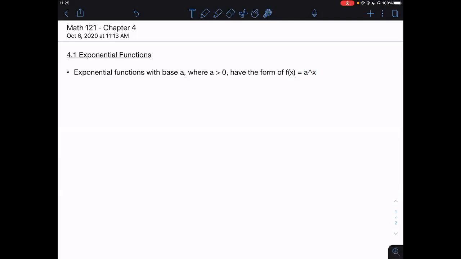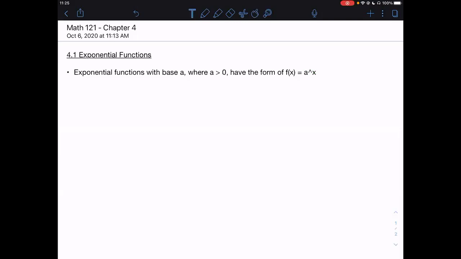So our variable of interest, our input, is the exponent of this term, where we have a real number base of a greater than 0. So our base is defined. Our input variable is x.